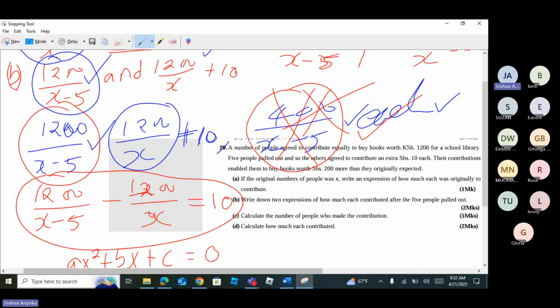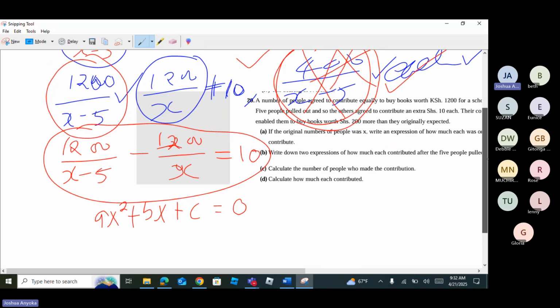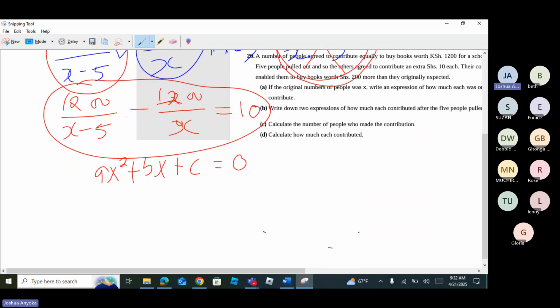But the two outlined expressions are 1200 over x minus 5, 1200 over x plus 10. But still, sometimes back, nilikuwa naona hii ya 1400 ikikuja, but I know exactly how it was coming in. Wale wataijua, watakuja kutuelezea baadaye. For those who are running with 1200 over x minus 5 and 1200 over x is equal to 10, give us your expression. What is the equation in terms of ax squared plus bx plus c is equal to 0?